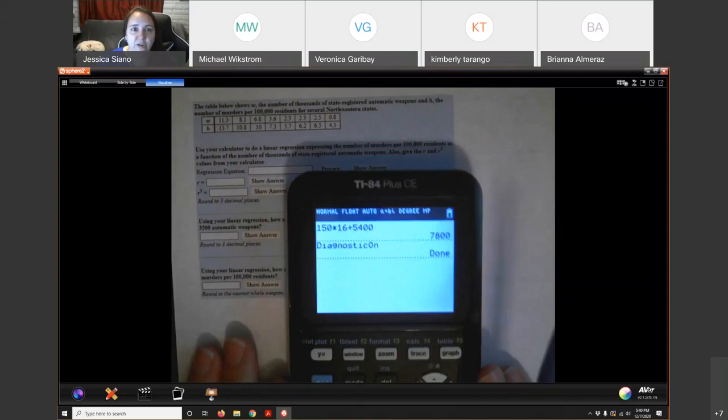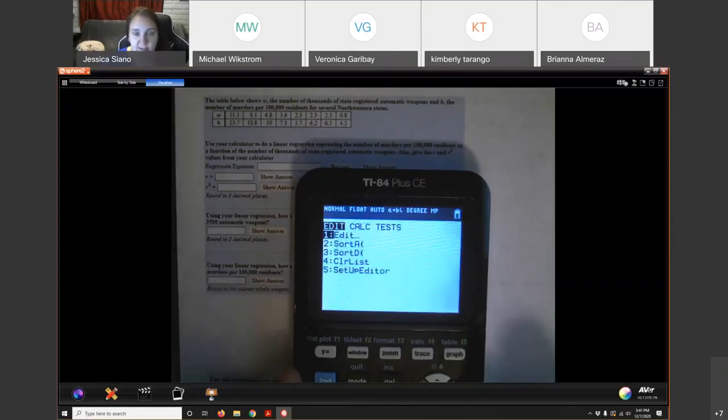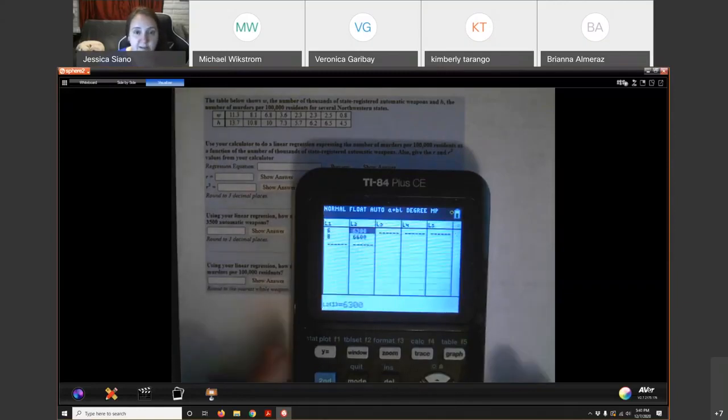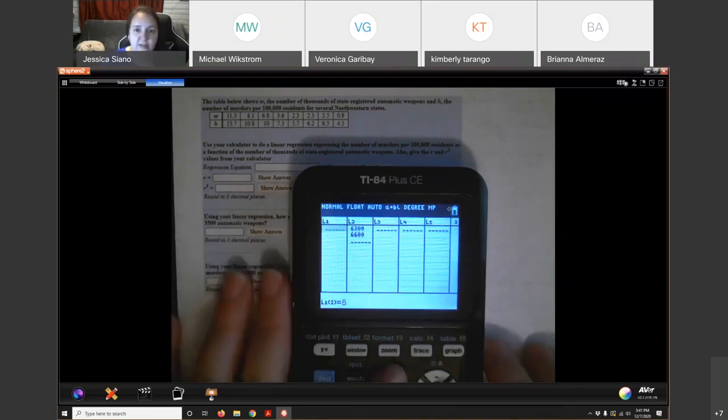So we want a linear regression that shows the relationship between the number of thousands of registered automatic weapons and murders per 100,000 residents. Okay. Stat. Back to edit. You can just press delete and that'll get these values out of there.